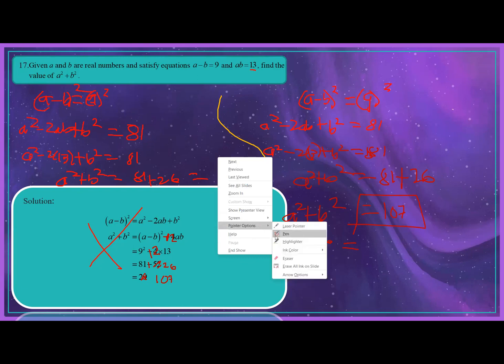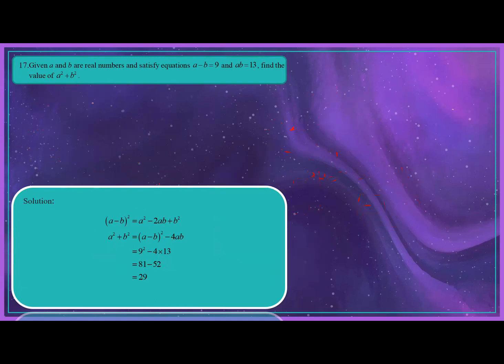Okay, disregard the solution box. From here, our a squared plus b squared is 107, and our given was a minus b equals 9, and ab equals 13.